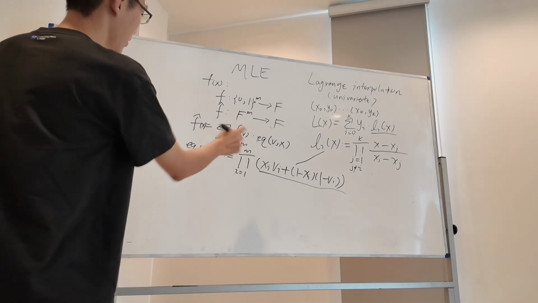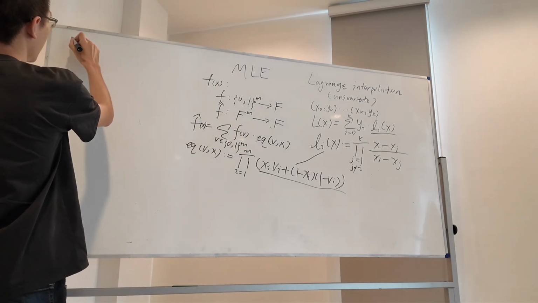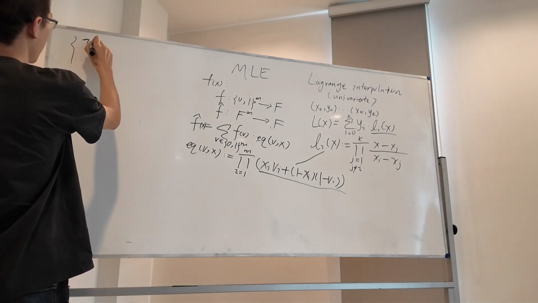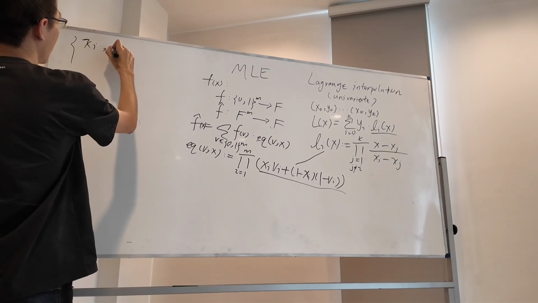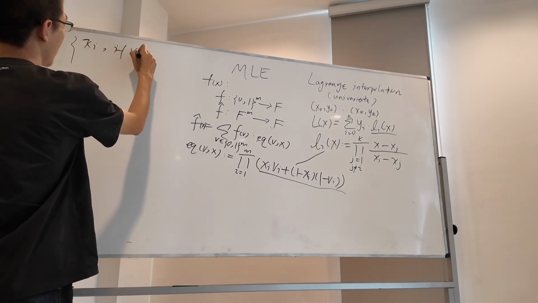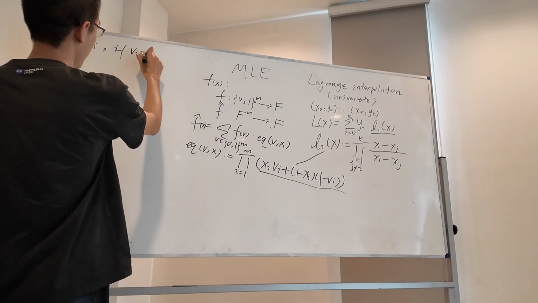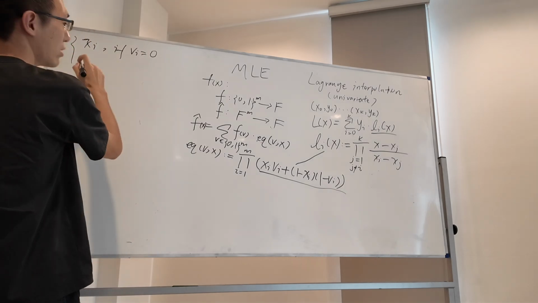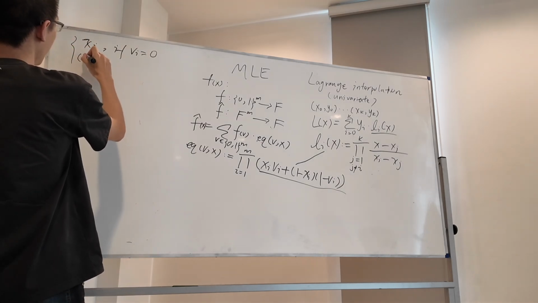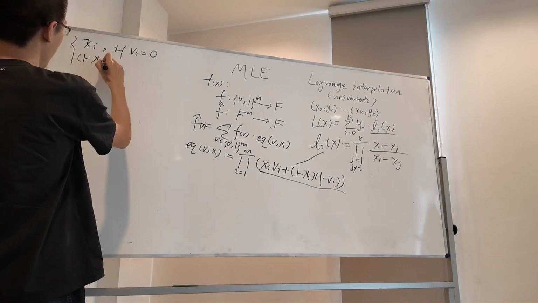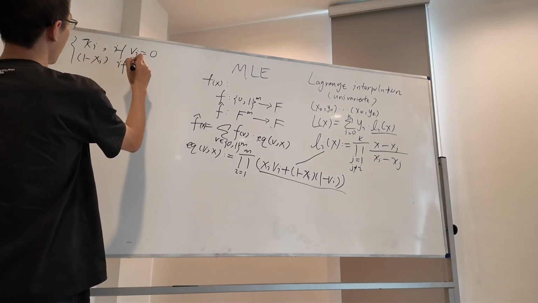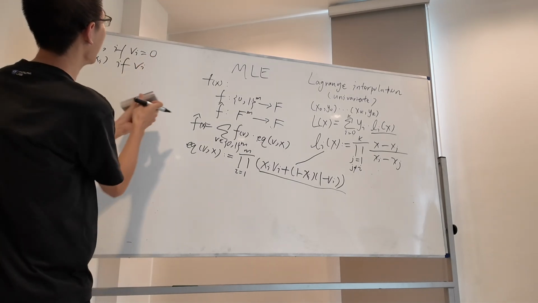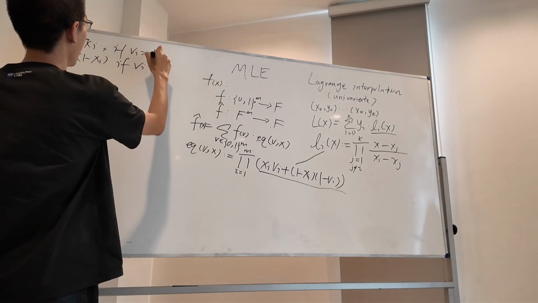It equals x_i if v_i equals 1, and it is evaluated into 1 minus x_i if v_i equals 0.